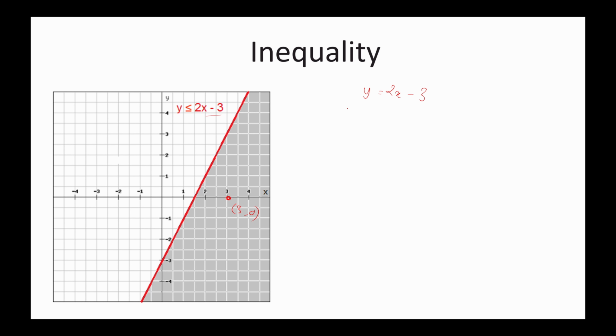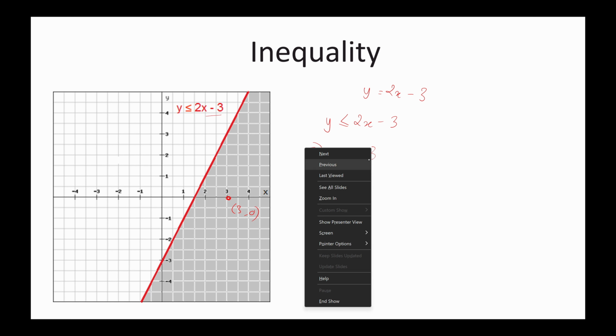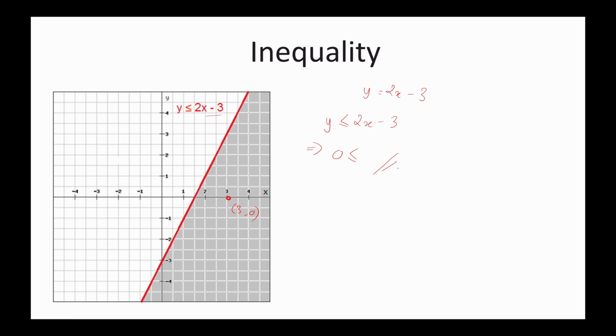Let's see if it satisfies our equation, y less than or equal to 2x minus 3. If I put it in, this becomes 0 less than 2 times 3, which is 6, minus 3, becomes 3. So basically this is satisfied. That means this lies under the inequality, so this entire shaded portion would become our answer.